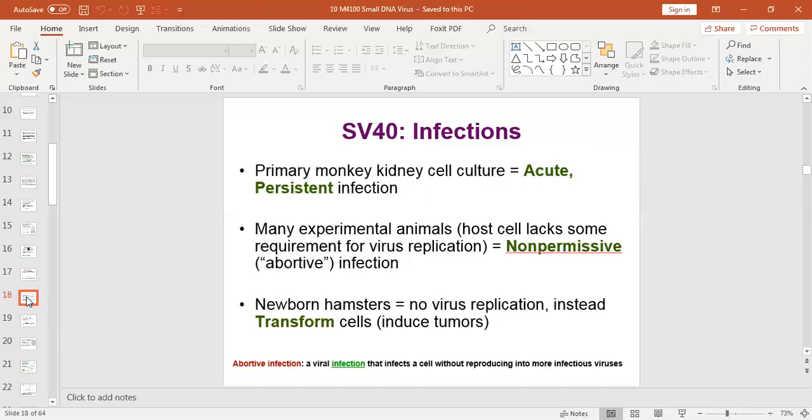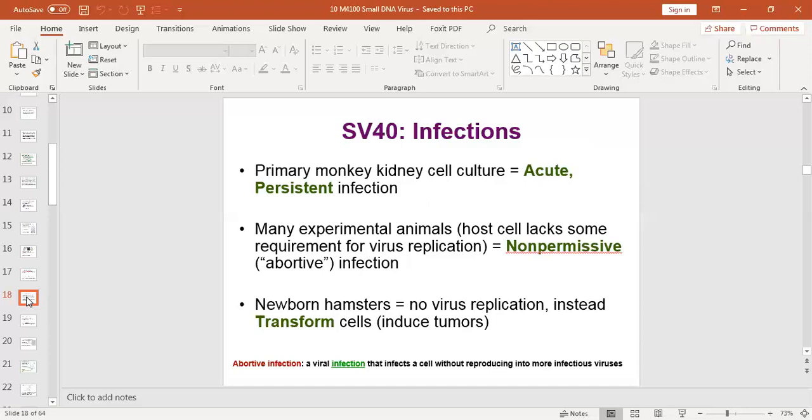Abortive infection, as I have defined it at the bottom of this slide, is a type of viral infection that infects a cell. Virus infects a cell, but it cannot reproduce and make more infectious viral particles.